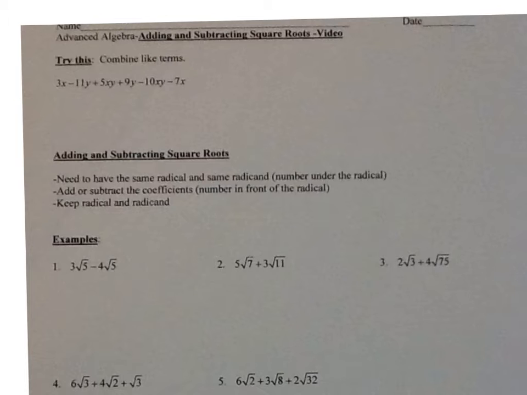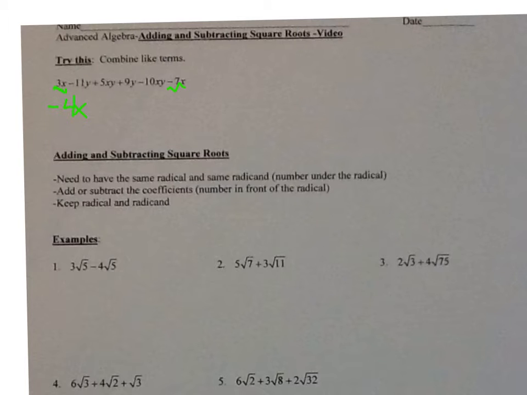So remember, in order to combine like terms, you have to have the same variables, and then you just add and subtract the coefficients. So I see here we have a 3x and a minus 7x, so those are like terms, so we subtract the coefficients. 3 minus 7 is negative 4, so it's negative 4x.